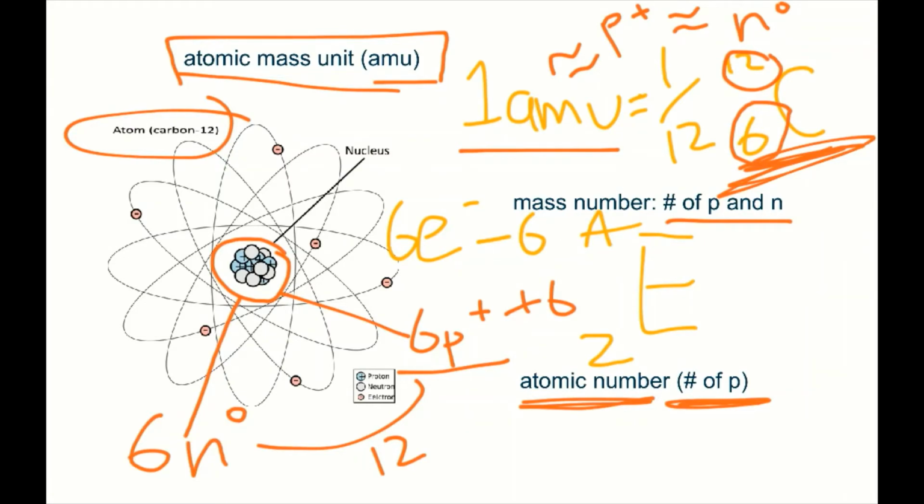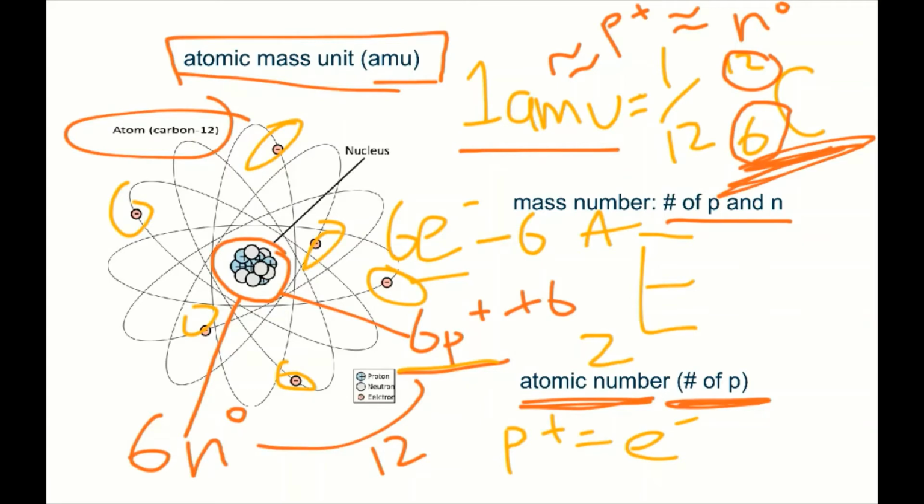So how about this? Let's just count how many electrons there are. There are 1, 2, 3, 4, 5, 6. And that proves my point that the number of electrons and the number of protons are equal in a neutral atom, such as carbon 12. So in an atom, the number of protons is equal to the number of electrons. That'll be very important in the future.